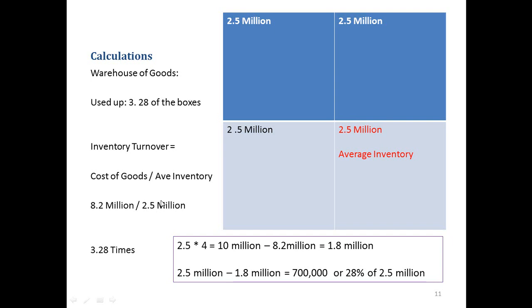If we go back and look at our inventory, we see that we have 2.5 sitting in inventory. If we sold that much, our inventory is 2.5 in the warehouse now. That tells us we've turned over that inventory 3.28 times.